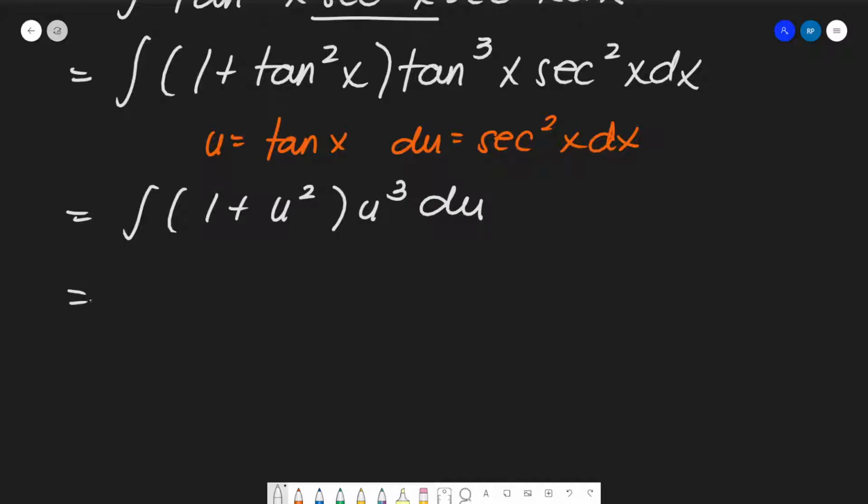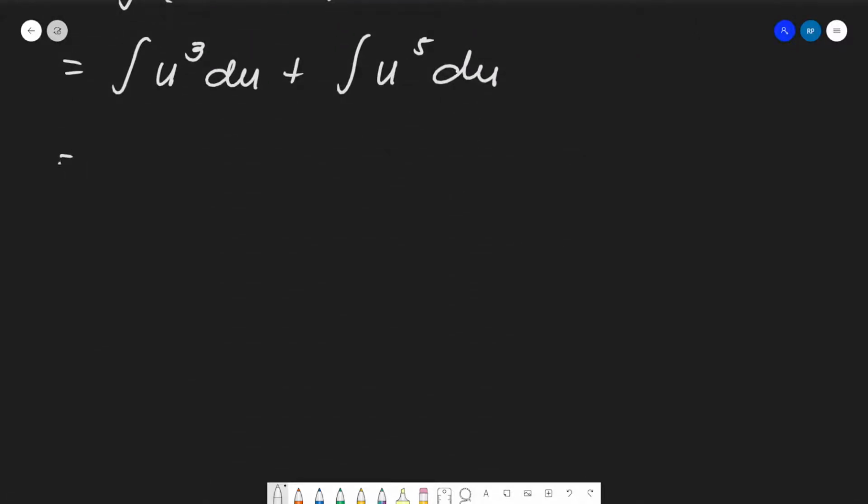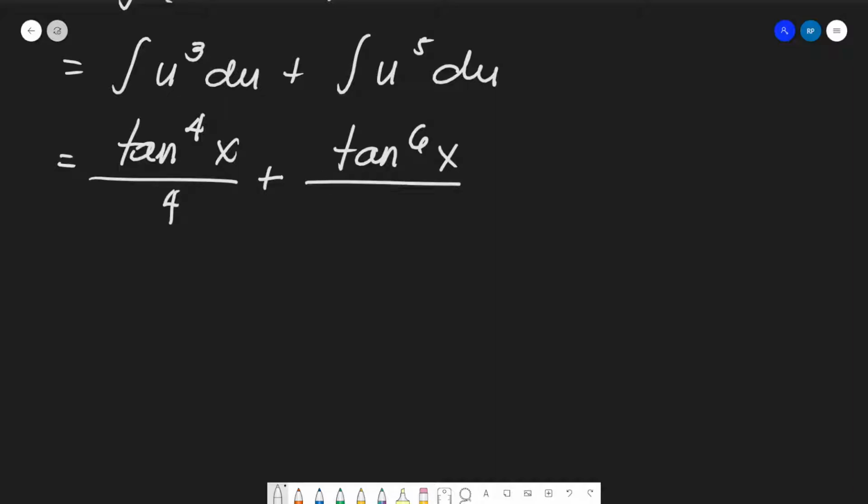Distribute lang natin: integral of u cubed du plus integral of u to the 5th du. Alam natin na u is tangent x. So, ano yung final answer natin? Tangent raised to 4 x over 4 plus tangent raised to 6 x over 6 plus c.